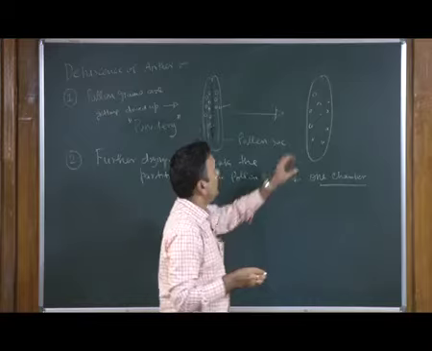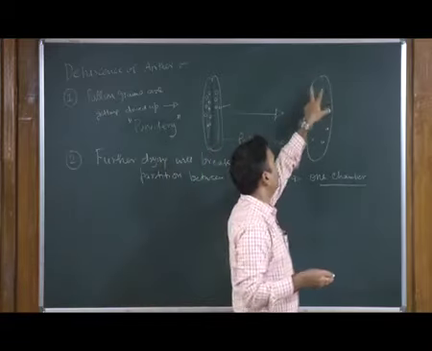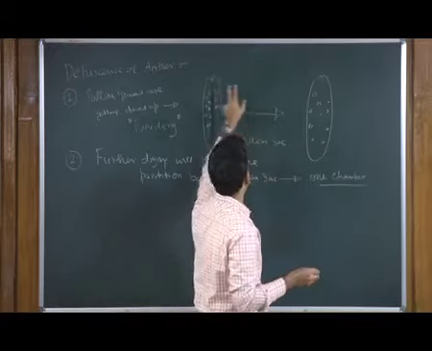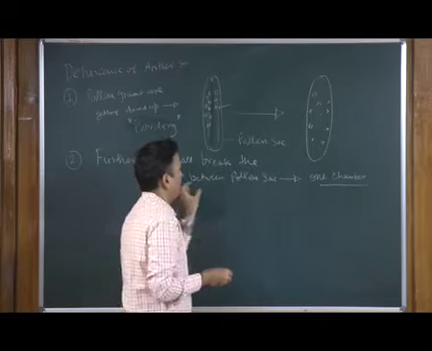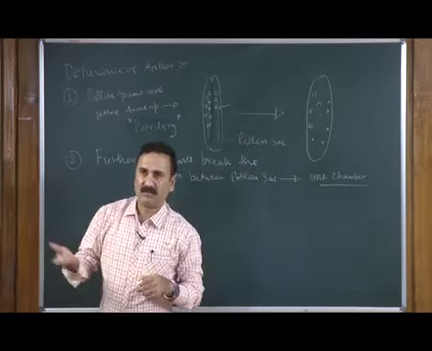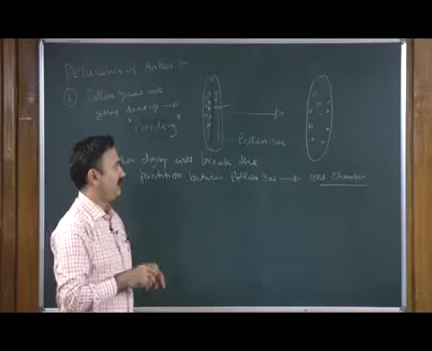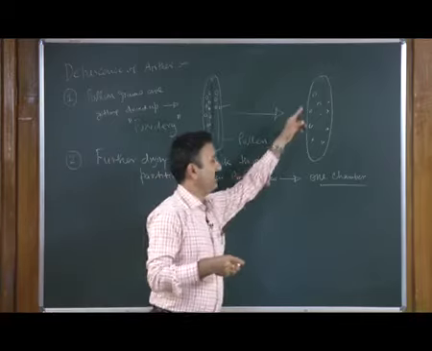This means in one anther, if it is a dithecous anther, you are going to have two chambers, one by the disintegration of the partition between the two pollen sacs and the other by the disintegration of the partition in the other pollen sac pair. If it is monothecous, then you are going to have a single chamber.